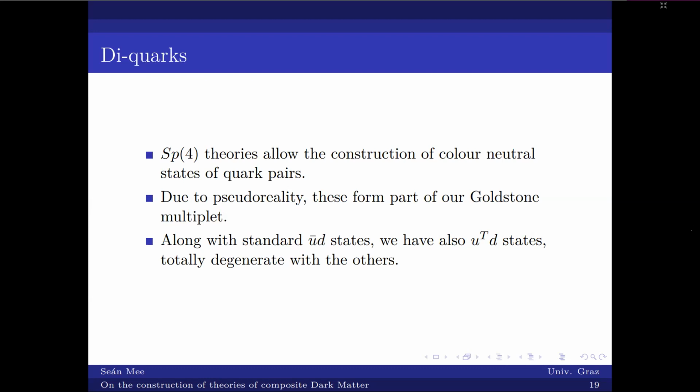And in fact, because of the expanded flavor symmetry, these actually form part of the Goldstone multiplet. So as long as we don't have any source of explicit breaking, apart from degenerate masses, these are actually completely degenerate with the other states, right?